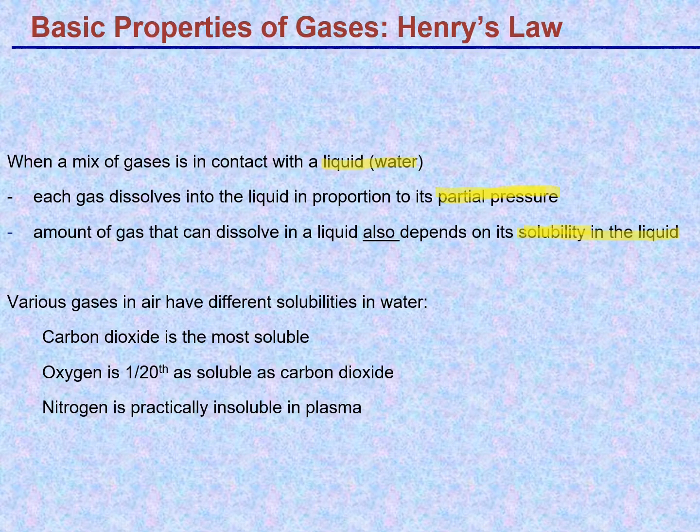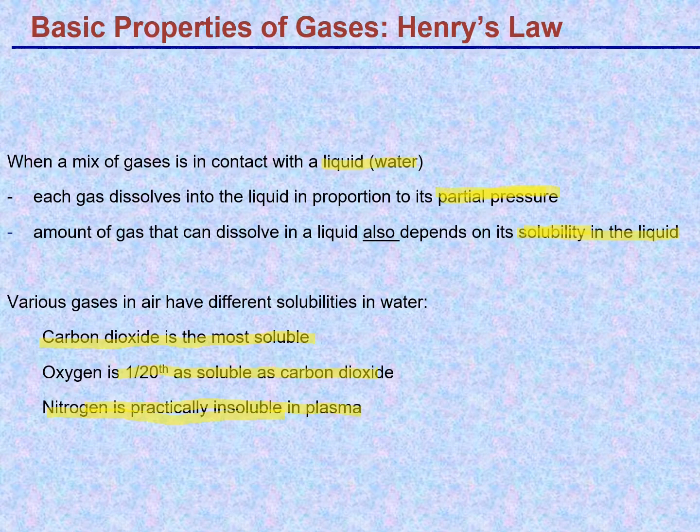Now, not only are there different partial pressures, but the solubilities in water vary significantly. Carbon dioxide is quite soluble within water, whereas oxygen is not particularly soluble. It's only 1/20th as soluble as carbon dioxide. And nitrogen is practically insoluble in water-based medium.